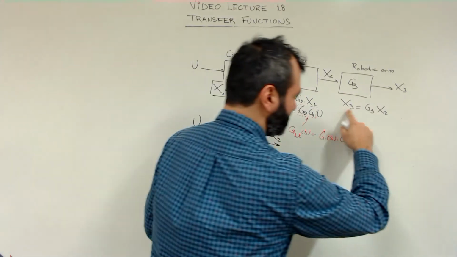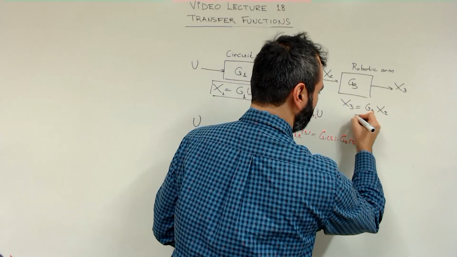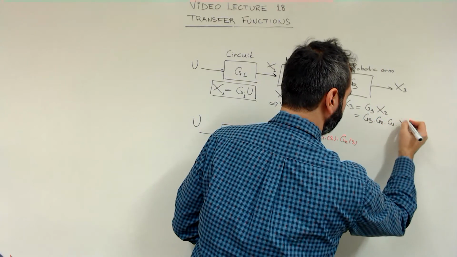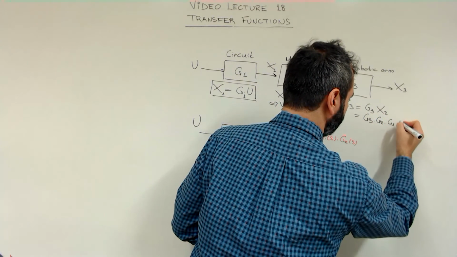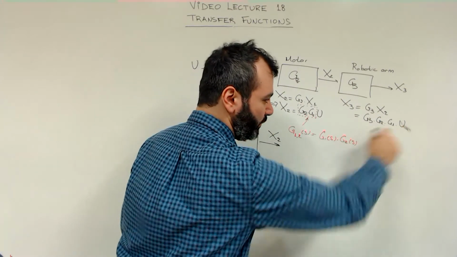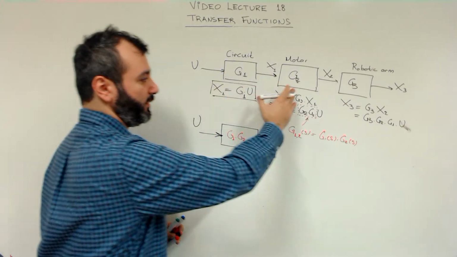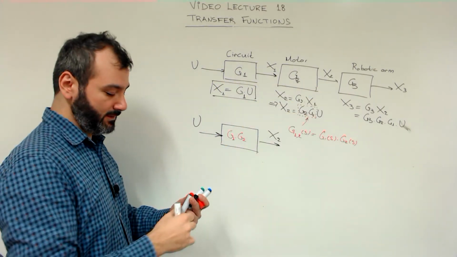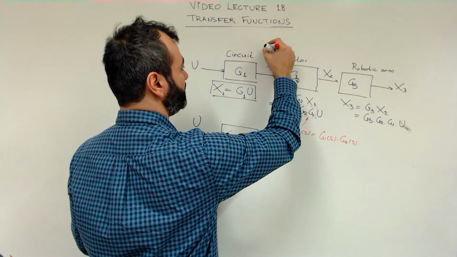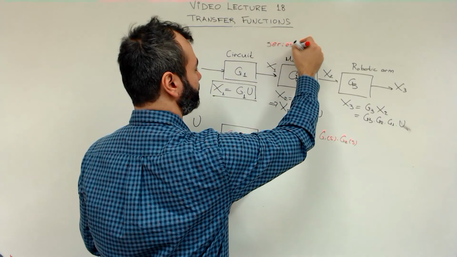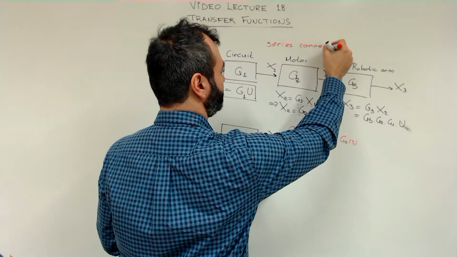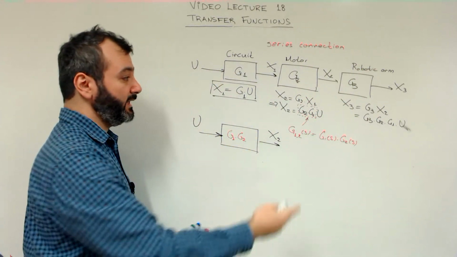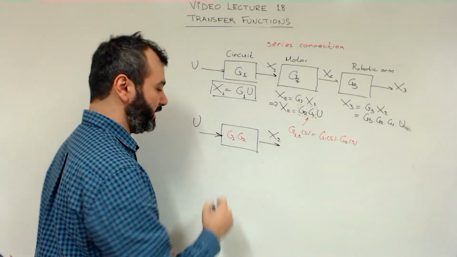And there we have X3 is G3 times X2, which is G3 G2 G1 times U. So when we have three transfer functions connected in series, the overall transfer function is G1 times G2 times G3. Let me write it here.